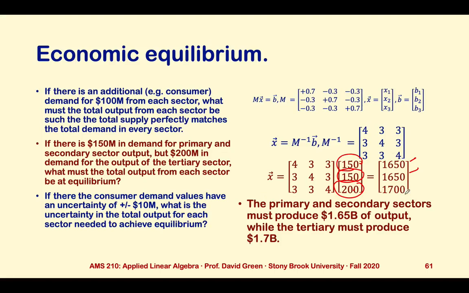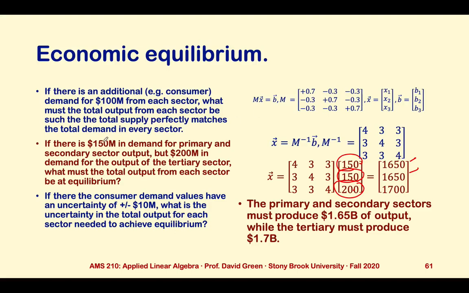Interesting to see that the required total output of the tertiary from the secondary still only differs by 50. There was a difference of 50 million in the consumer demands. That's actually the same difference that we see in the total output, even though the overall values increased much more.